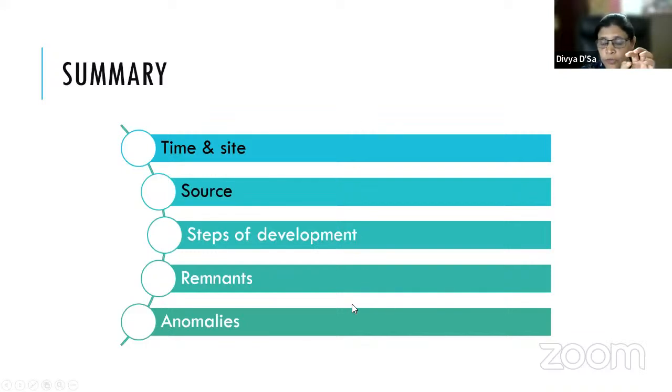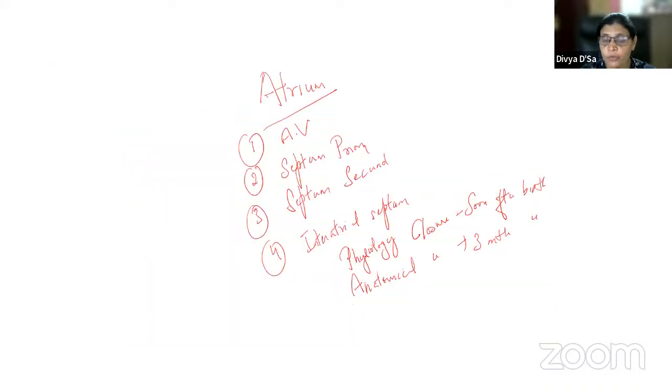Now, the remnants of this foramen ovale: what will we see? When we talk about remnants, you should say the foramen ovale will form the fossa ovalis. Another one is the limbus fossa ovalis.